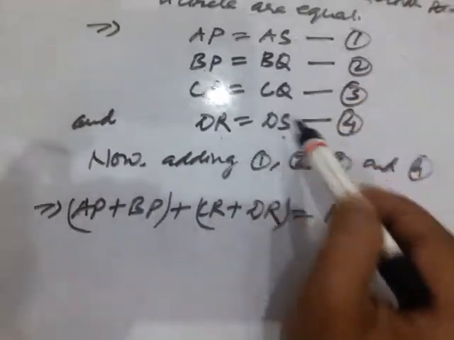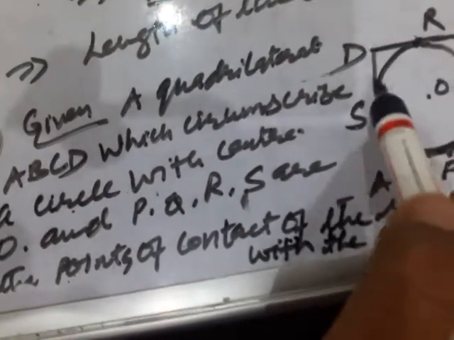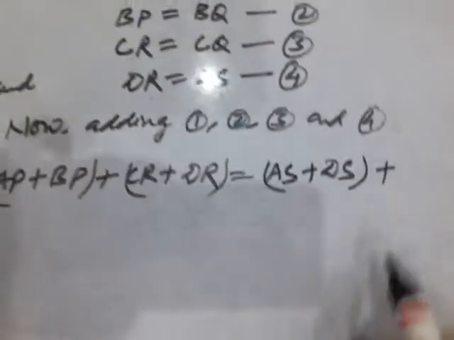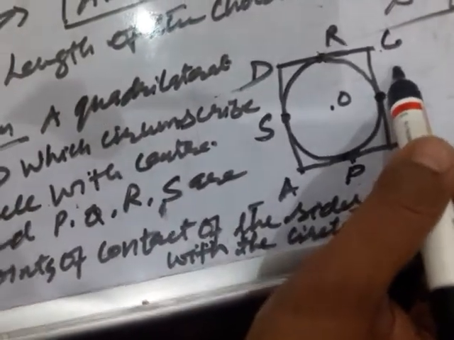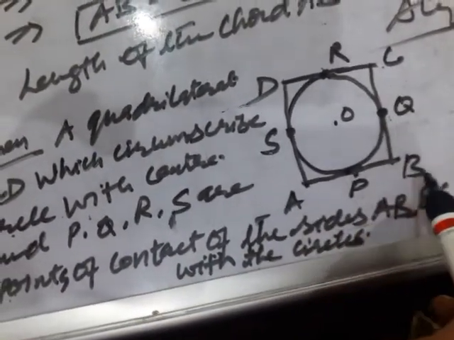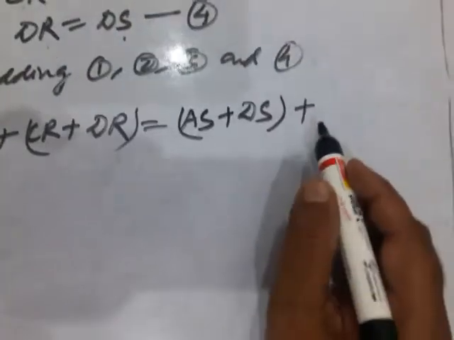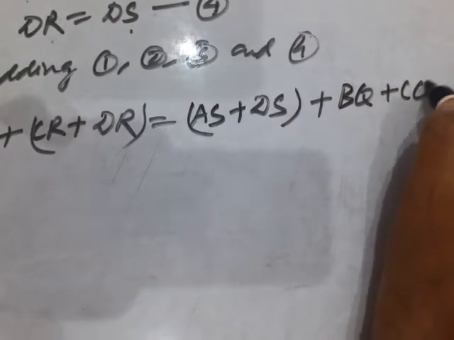See the figure, AS and DS together make AD. Next will be BQ. BQ and CQ will be put together to make BC. That's why we are putting them together here, BQ plus CQ.